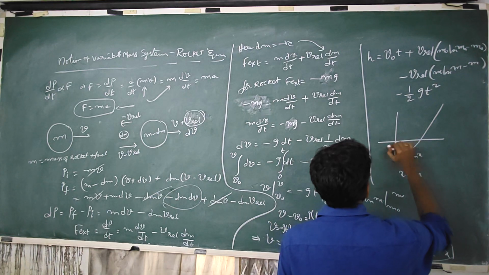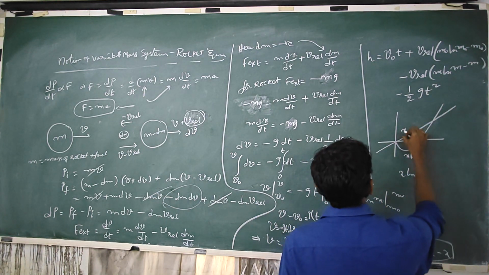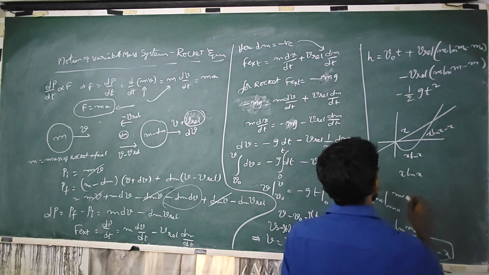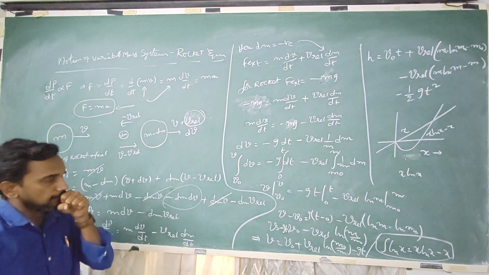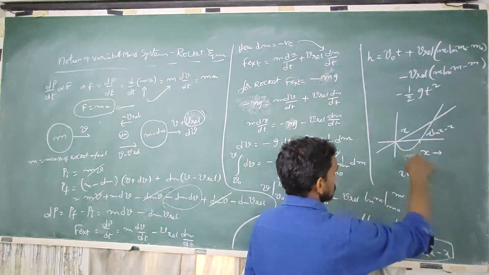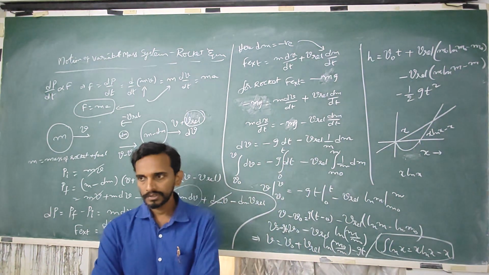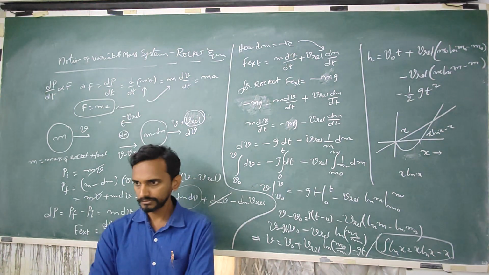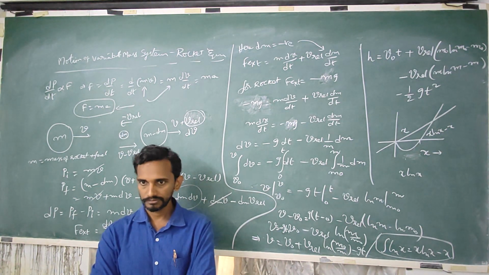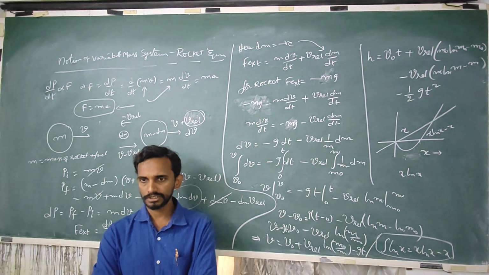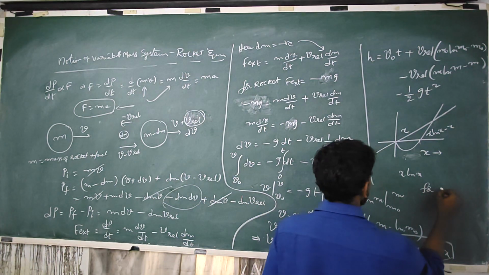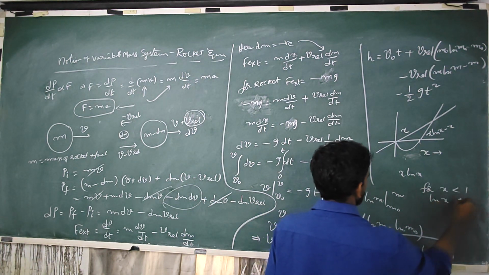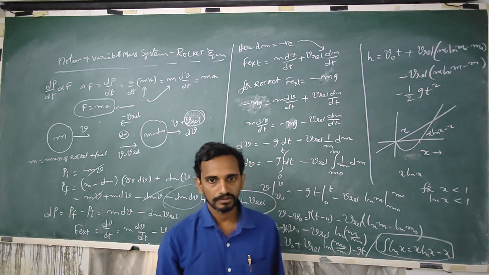And if you take x, initially up to 1, x log x is negative, because for x less than 1, log x is negative.